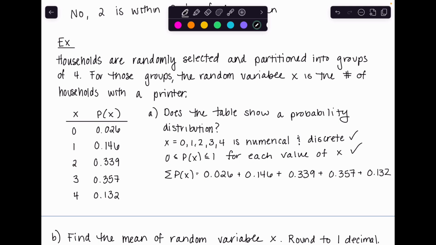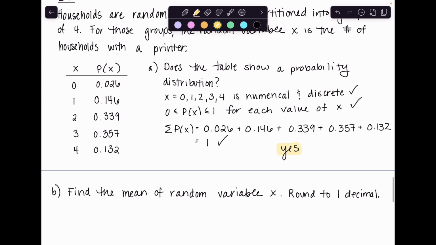And I'm going to trust you can add all of these up, and it does give you 1. Okay. So indeed, my 3 criteria are satisfied. So yes, this is a probability distribution.